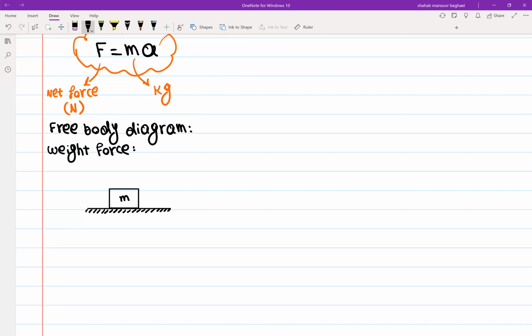Okay, if I want to show you the free body diagram of the weight force, at first you have to separate your block from your system, like this. Separate the block, which is here.